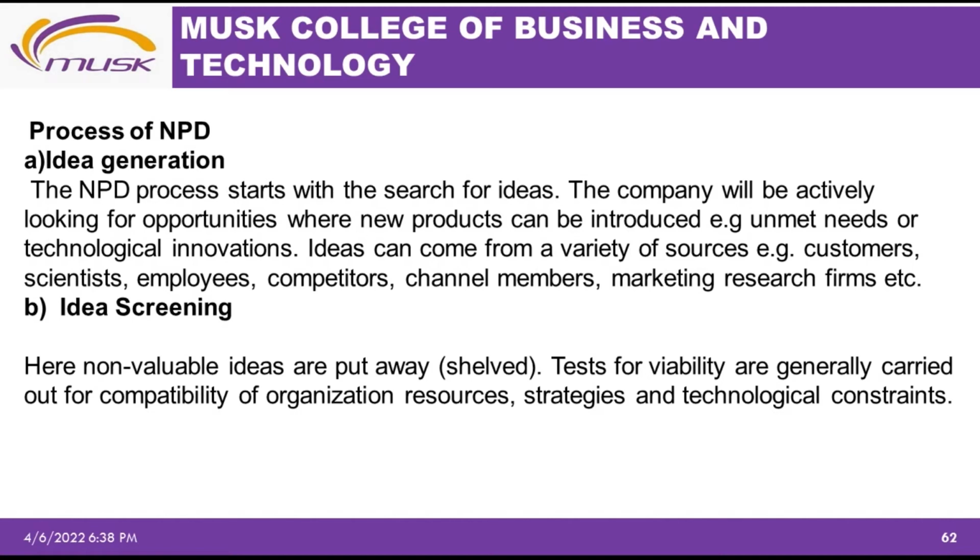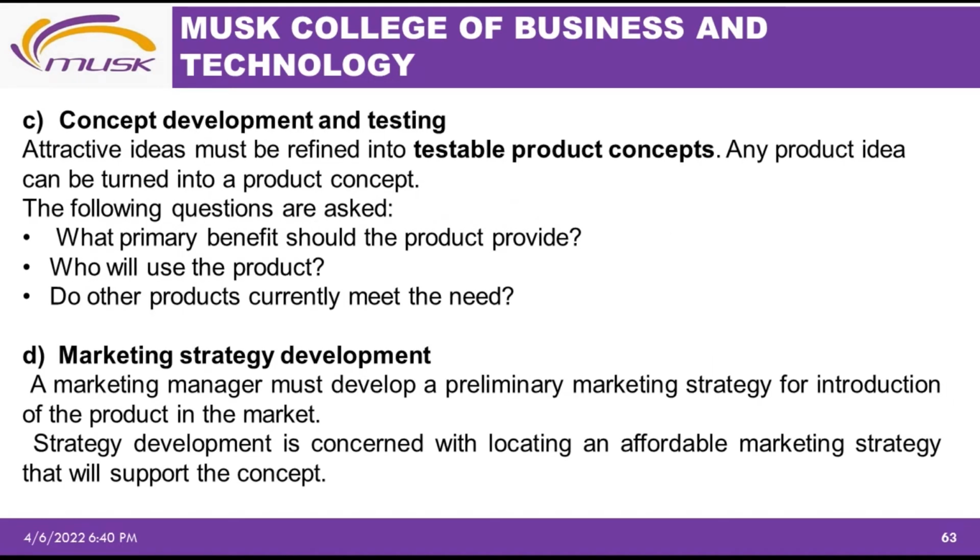We also look at another discussion, the process of NPD, or new product development. We begin with generating the idea. Then we look at what we call idea screening. The third one is concept development and testing. So we develop a concept, whatever we are thinking about. What is the primary benefit? We answer that. Who will use the product? We answer all that.